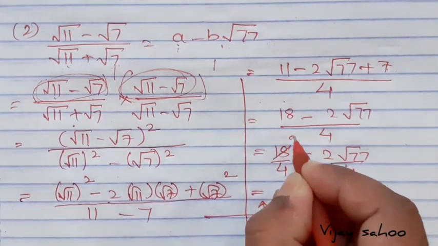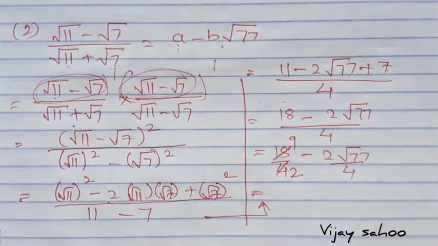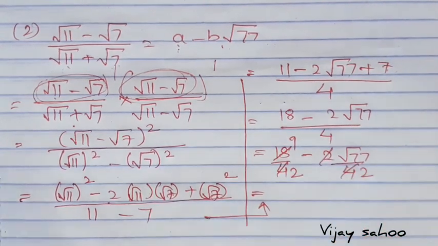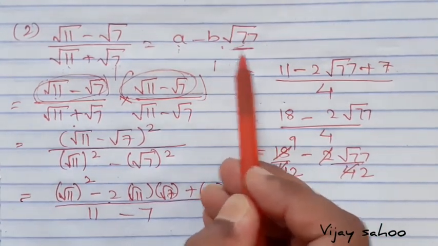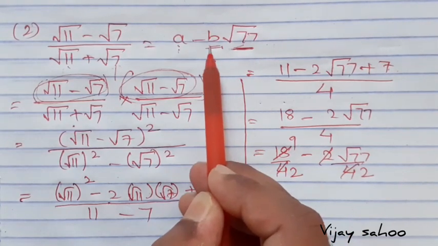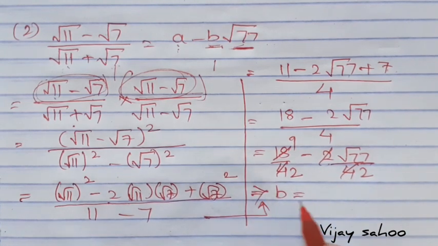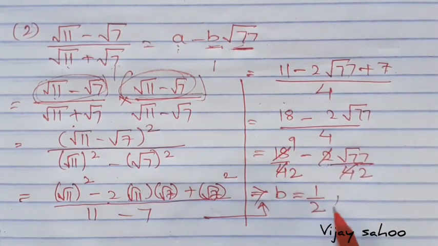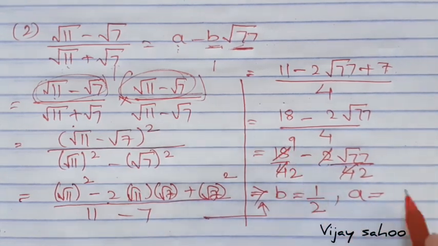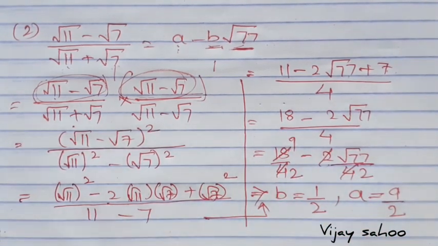Now if I do the cancellation, it will be 2 9 and 2 2, 2 1 and 2 2. So now if you see the question, along with root 77, what will be the value? B. So along with root 77, value is 1 upon 2. So your B value will be 1 upon 2 and A value will be 9 upon 2. Whatever the left one, we'll consider that.